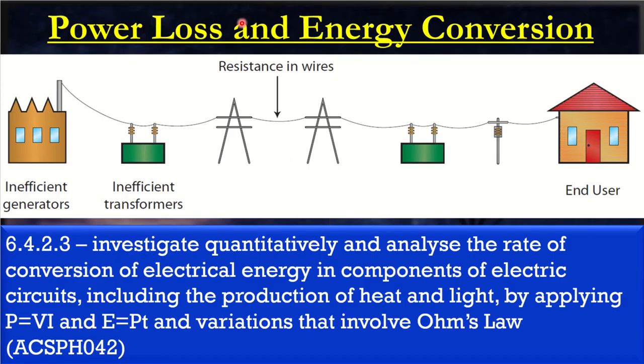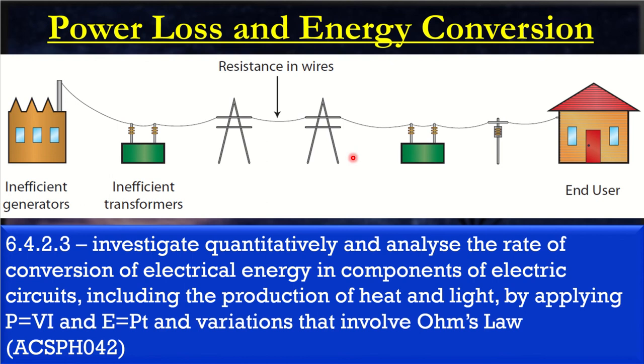What we're going to look at now is power loss and energy conversion. So how does this follow Ohm's law? The most important aspect of power loss and energy conversions is actually through transmission lines. We know for a fact, and we'll talk more about this in Year 12 Module 6, the longer the cable we already talked about, the greater the resistance in the wire, so there's greater energy loss here.